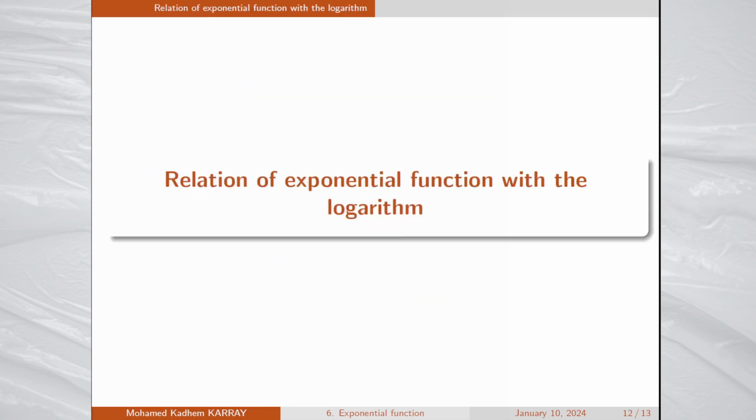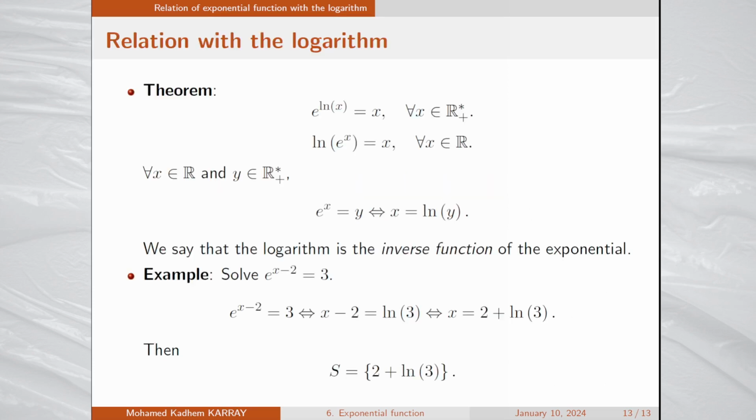In the last section of this lesson, we will show the relation of exponential function with the logarithm. So here are the basic properties on this relation. The first property says that the exponential of the logarithm of x equals x. The second property says also that the logarithm of exponential of x equals x.